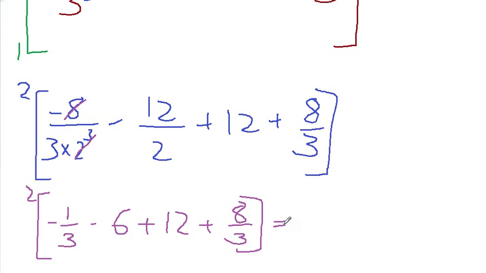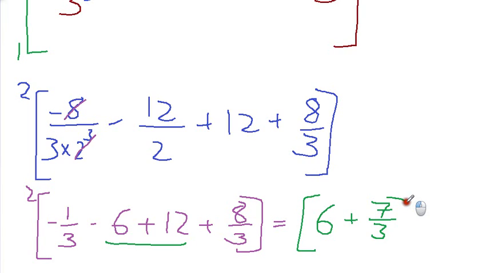Let's deal with the integers first. So 12 take away 6 is going to be 6, and then plus 8/3 minus 1/3 is going to be plus 7/3. Let's leave it like that for now.